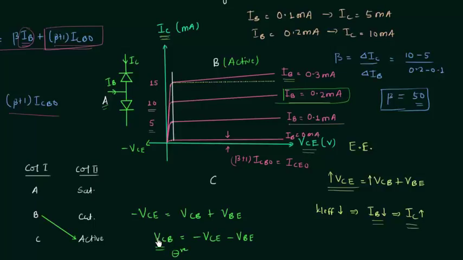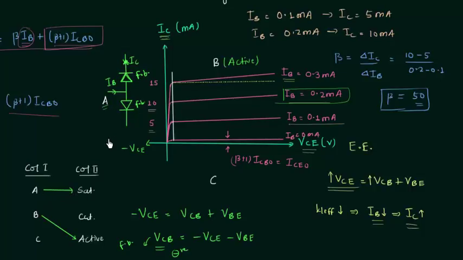VCB is the reverse bias potential, and now it is negative. This means VCB is now forward biasing potential, and the direction of collector current will now change. This direction is similar to the direction of arrow in the diode symbol. So this diode is also forward biased like this diode, and this happens in saturation region. So region A is saturation region.